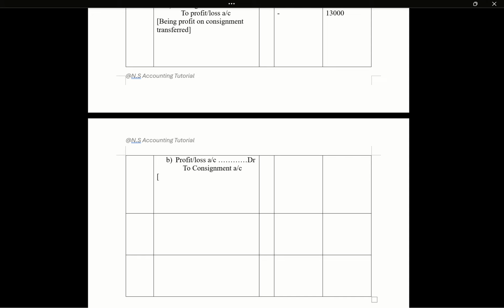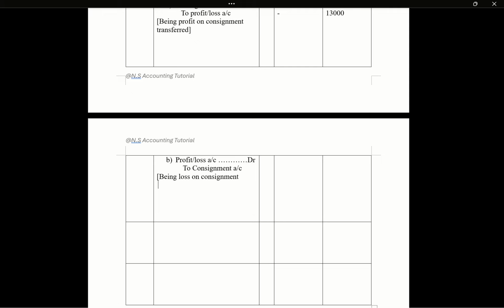Narration will be being loss on consignment transferred. The amount will be nil because we got profit.